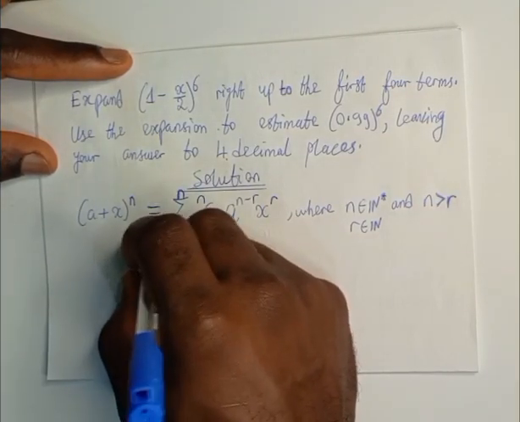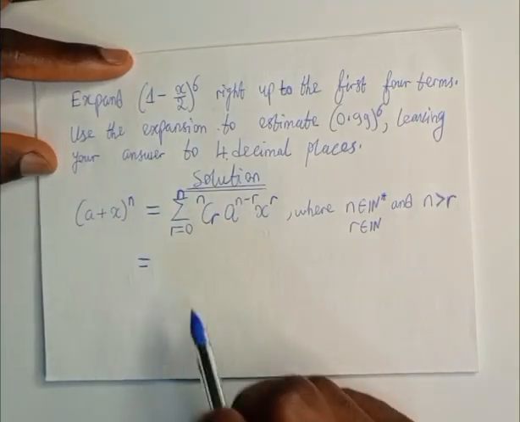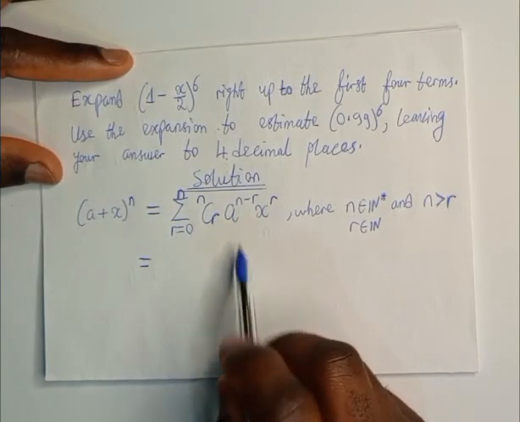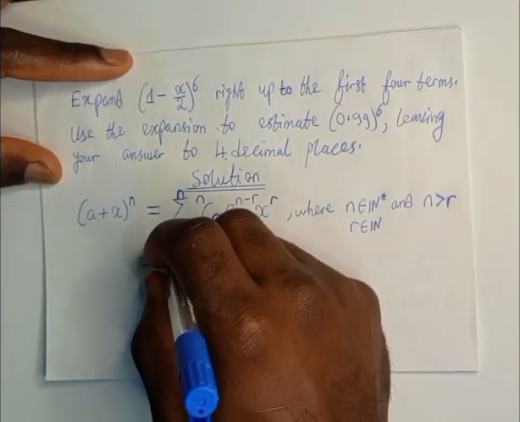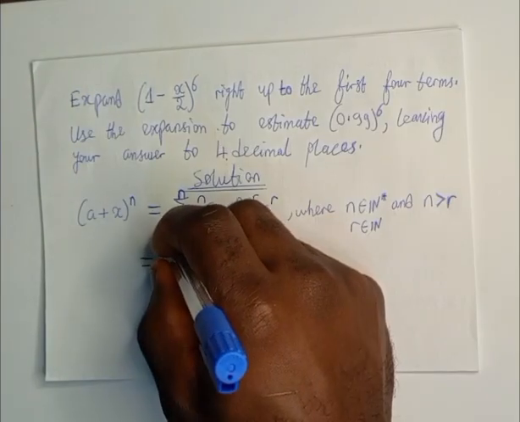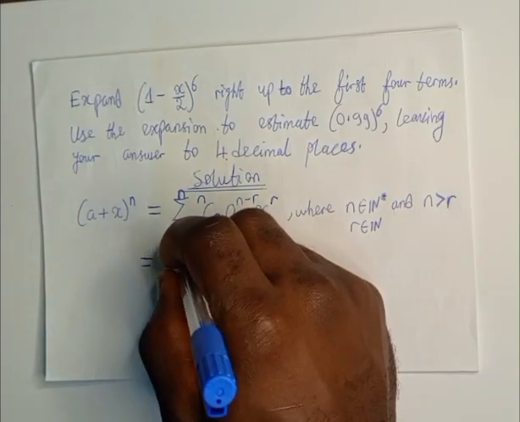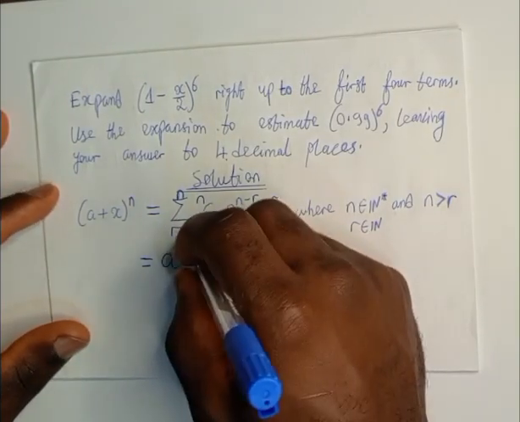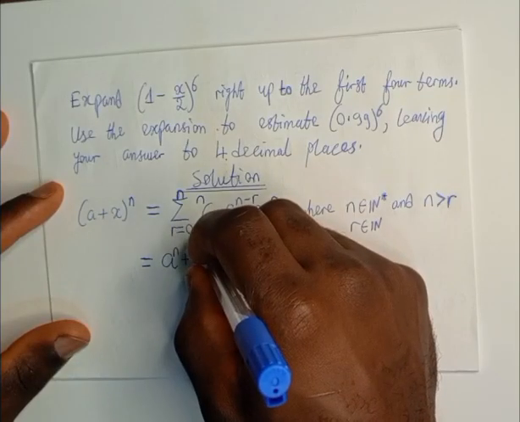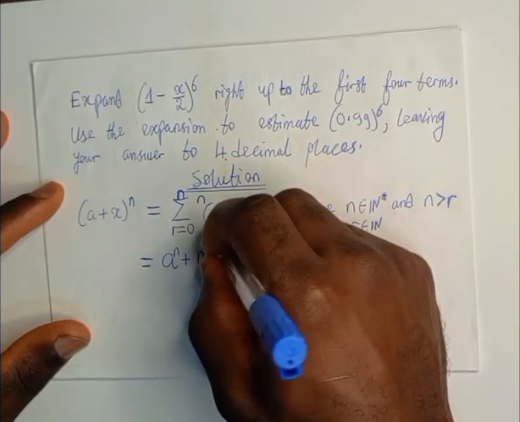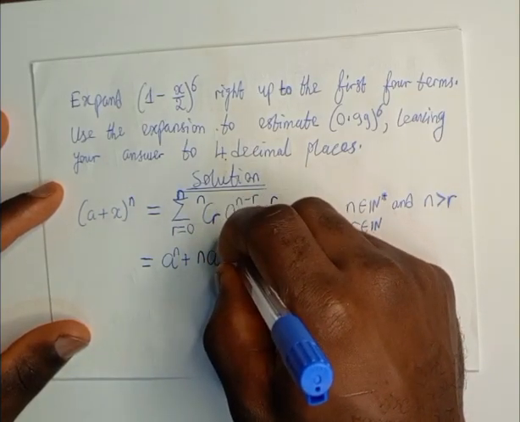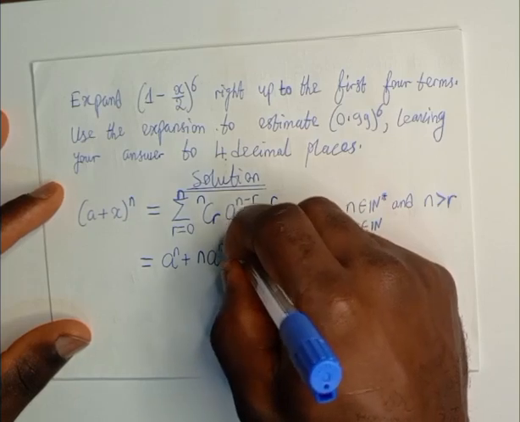This will simply be equal to, applying our formula, the first term will simply be a raised to the power n, plus the second term, which is n times a raised to the power n minus 1 times x.